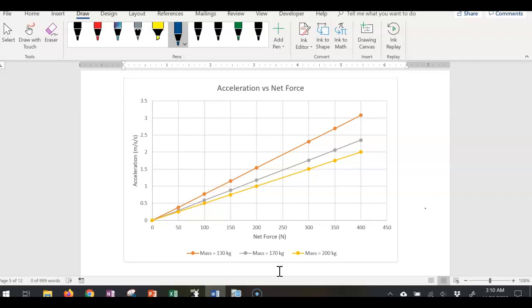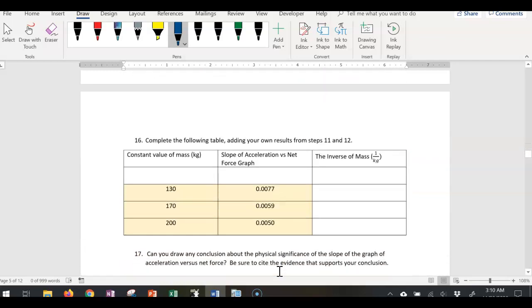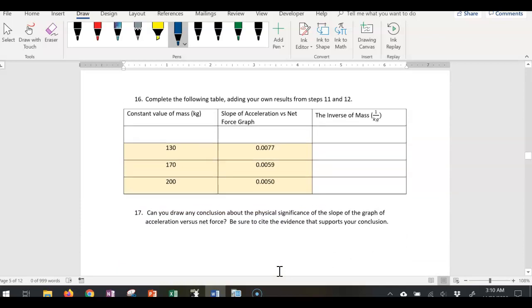The reason that I'm giving you these additional sets of data is because we've done this before. When you want to try to understand the physical significance of a slope, it helps to replicate the experiment and use different values of the constants.